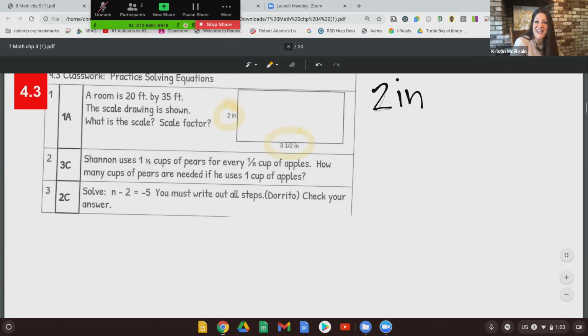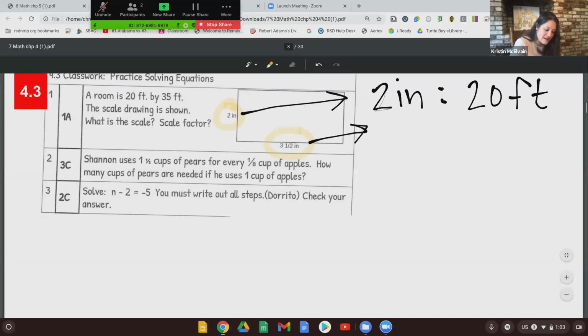Is the black fat ink better for you guys? I hope so. All right, 2 inches is going to represent 20 feet, and 3.5 inches is for 35 feet.